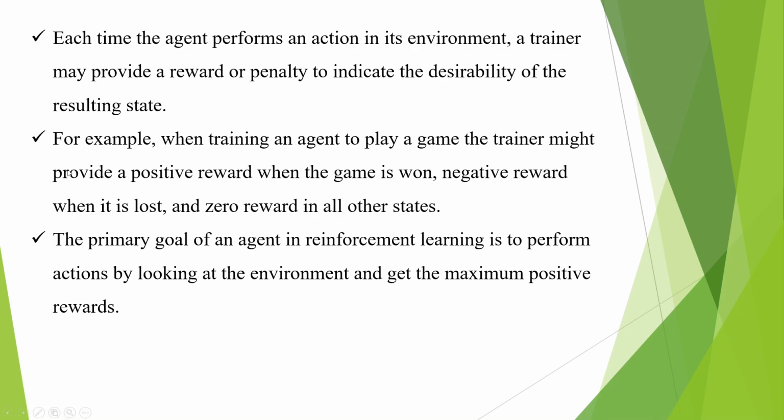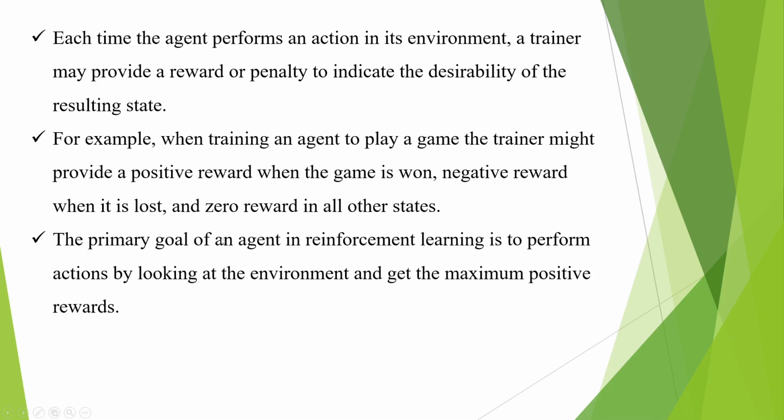Hopefully, it is clear. See, the primary goal of an agent in reinforcement learning is to perform actions by looking at the environment and get the maximum positive rewards. Always we program the agent in such a way to gain the maximum positive rewards only.